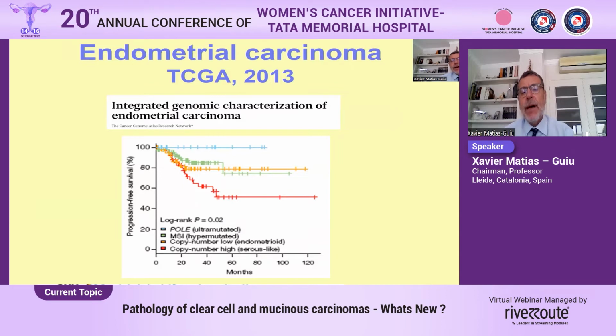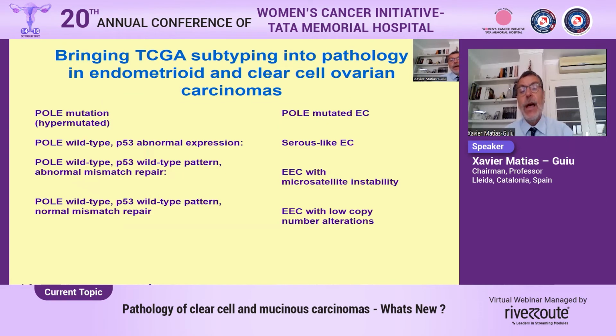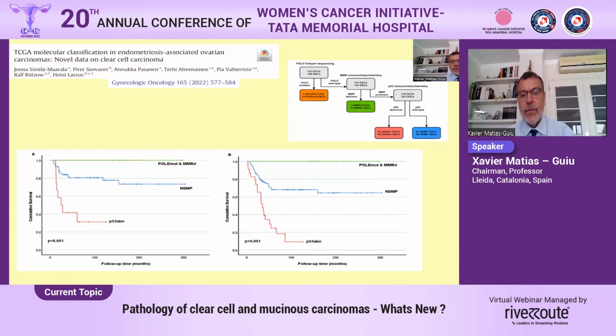One group with very bad prognosis, p53 abnormal. And 2 groups with intermediate prognosis, the so-called tumors with microsatellite instability and the so-called tumors with non-specific molecular profile. And we can do that just by performing one molecular test, POLE mutation analysis, and immunohistochemistry for p53 and mismatch repair genes.